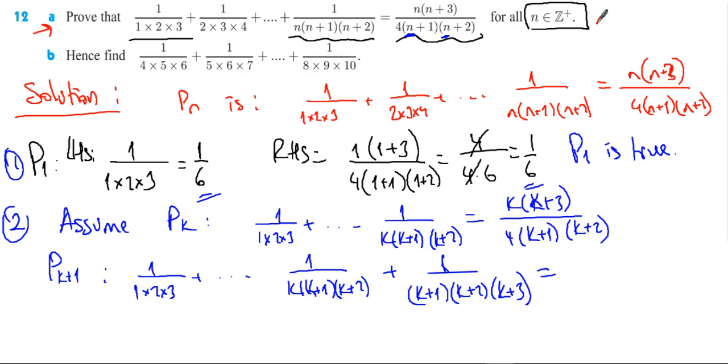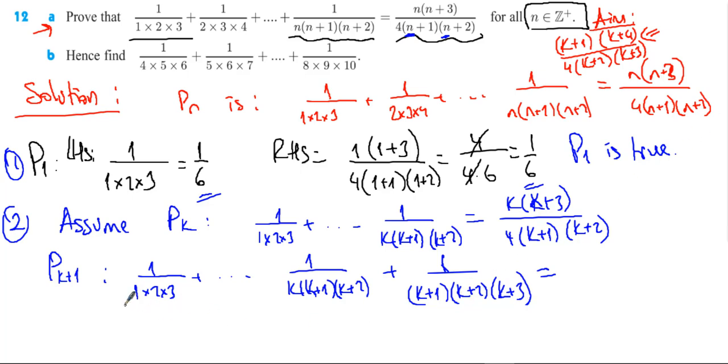If I can simplify this part and show it is equal to this one, k plus 4, I'm just showing the aim where I'm going for k plus 2. If you can simplify this part and show it equal to this one, it means you are correct. The statement is true. So let's do it.